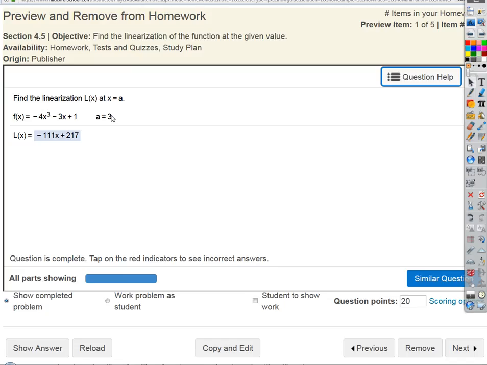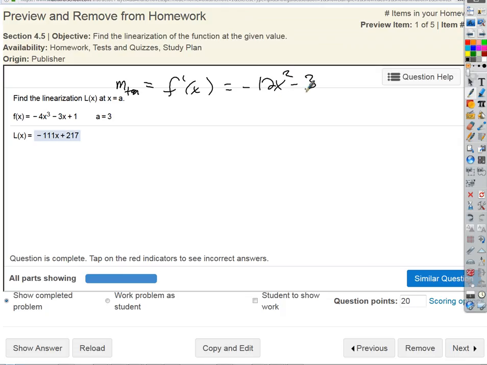So then all we're doing here, if I've got some function that's tangent to this curve at that value, well, what's my derivative? Because that's really just the slope of the tangent line. What is it? Negative 12x squared minus 3. Okay.